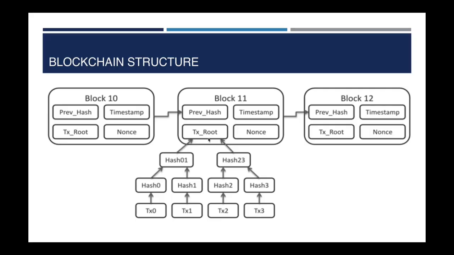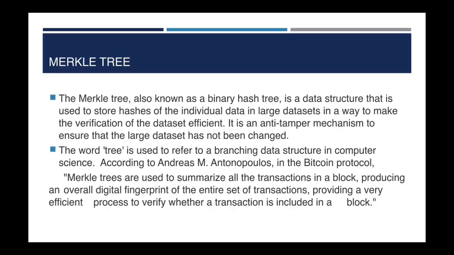Before that, let us understand what a Merkle tree is, or Merkle data tree, or Merkle hash tree, whatever we call it. A Merkle tree is a data structure and it's nothing but a binary hash tree. A Merkle tree stores the hashes of individual data or individual transactions in a tree structure, which makes the verification of a dataset or transaction efficient.